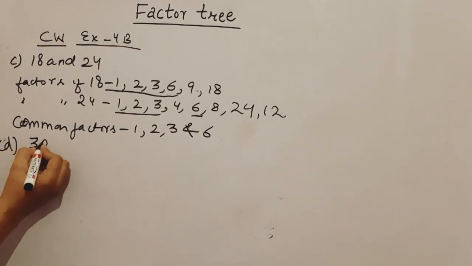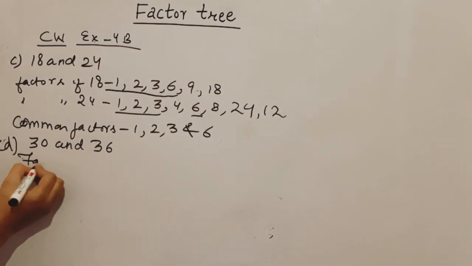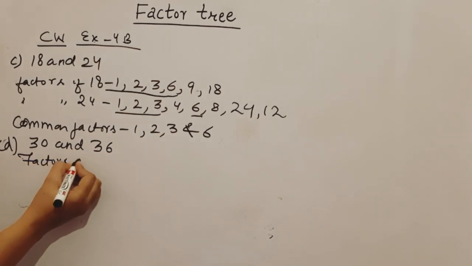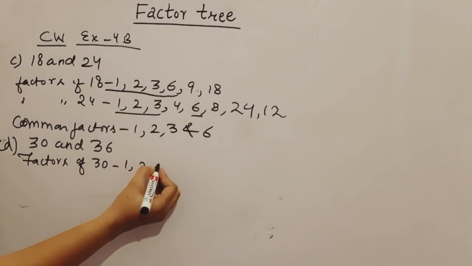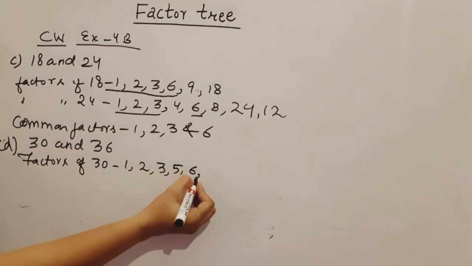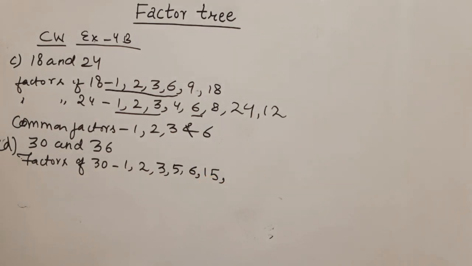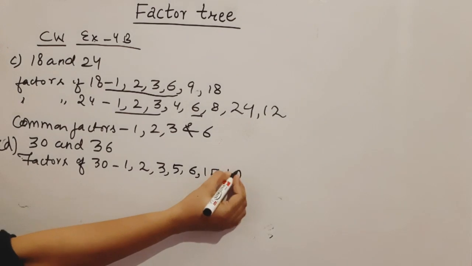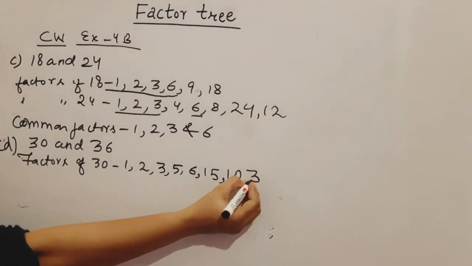So 30 and 36. सबसे पहले आप factors लिखेंगे. Firstly you will write the factors. Factors of 30: 1, 2, 3, 5, 6, 15. Any more factor of 30? 10 and 30.